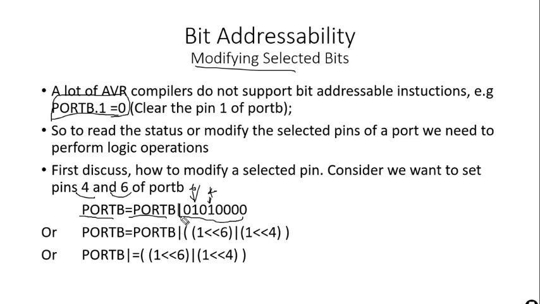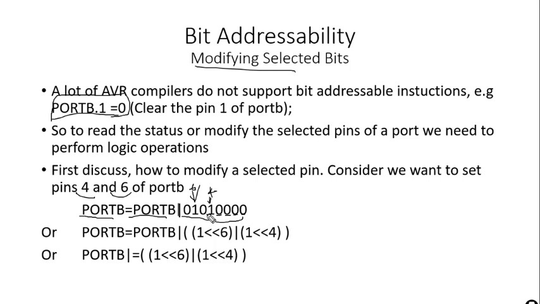As a result of the OR operation, bits where you are performing OR with 0 will remain unchanged. If they were initially 0, they will remain 0. If they were 1, they will remain 1.